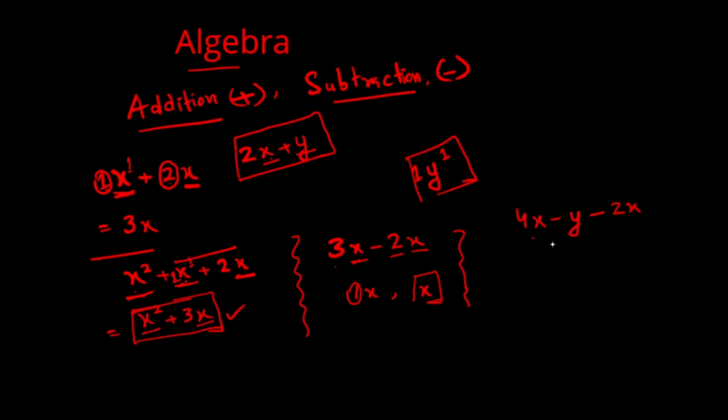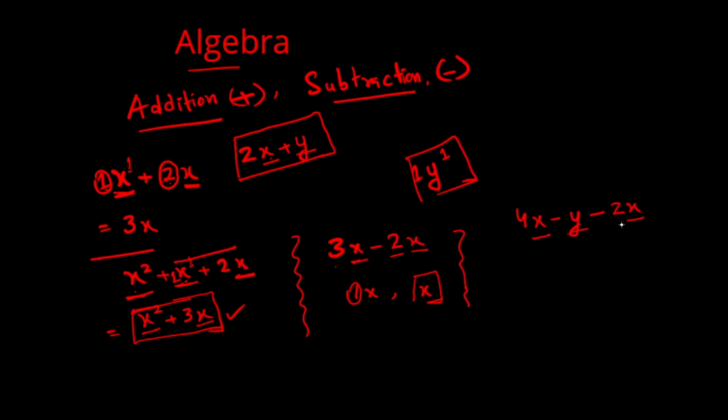You simply have to focus on bases. This is x and this is x. So you simply have to solve them and you will keep this y the same, because this is not like these x's.